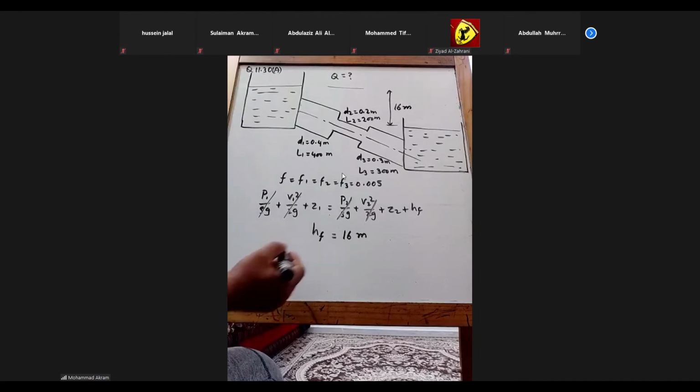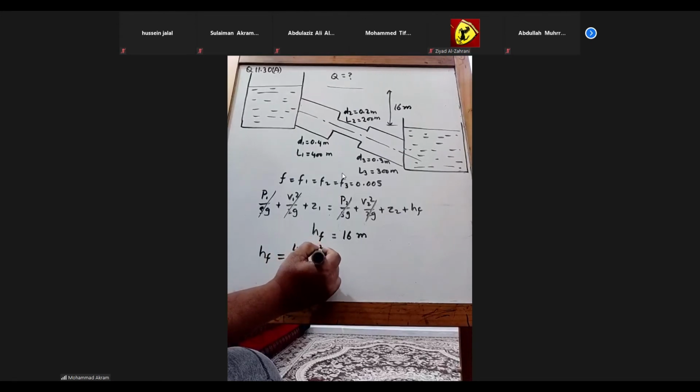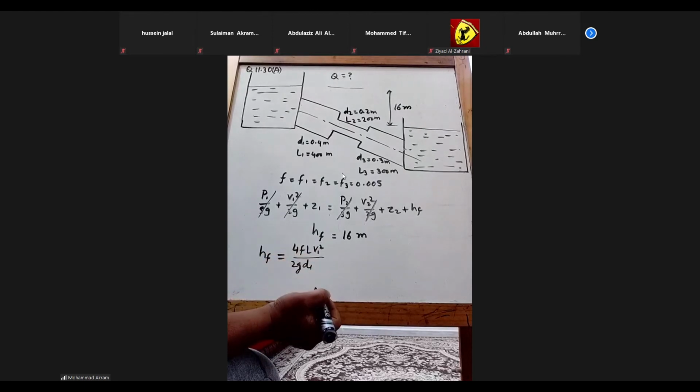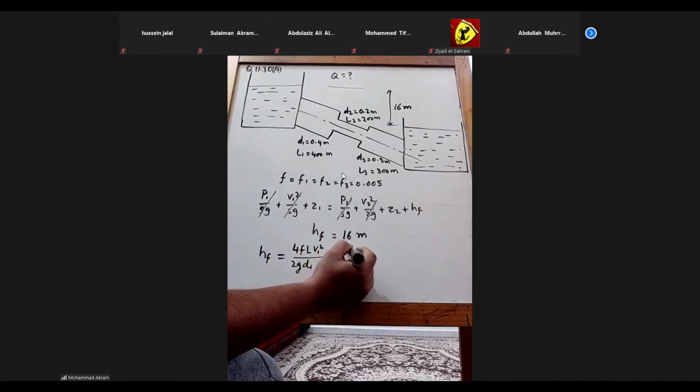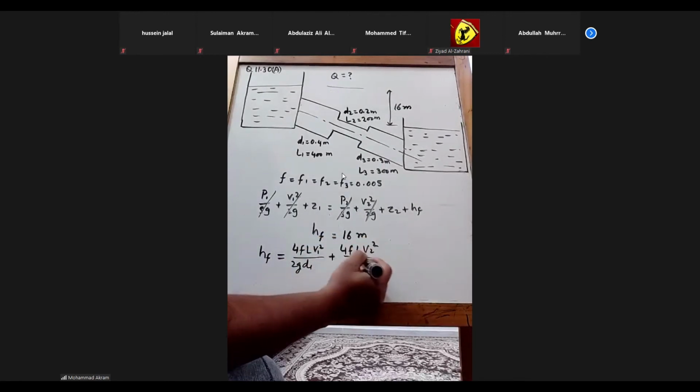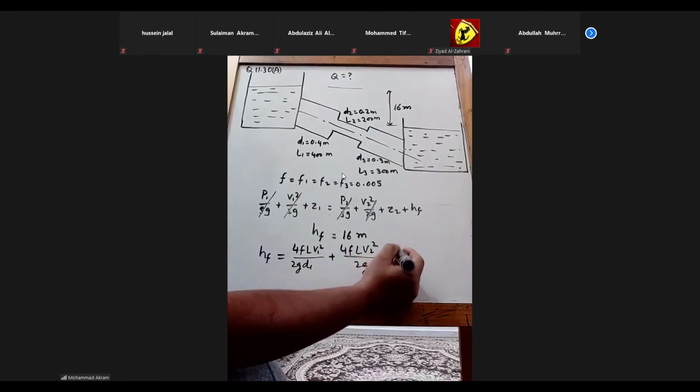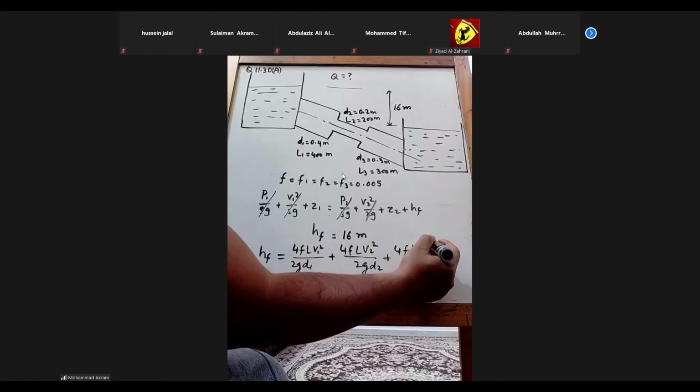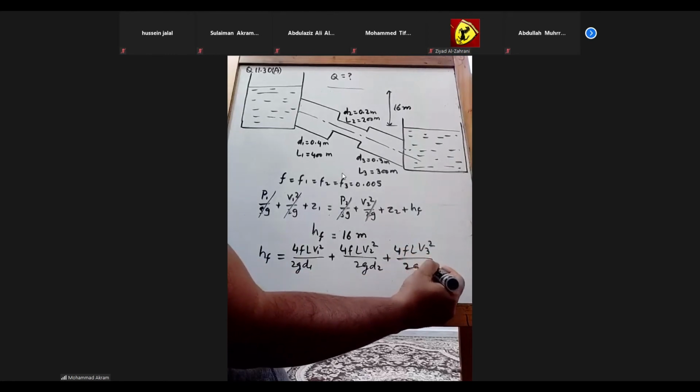What is HF equal to? For turbulent flow, yes, of course it is turbulent, right? It is 4 f L1 V1 square divided by 2g D1, plus 4 f L2 V2 square divided by 2g D2, plus 4 f L3 V3 square divided by 2g D3.